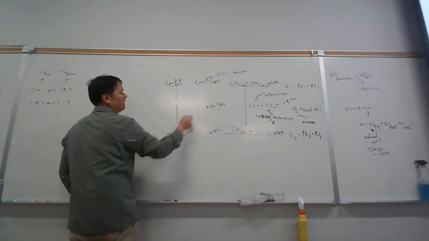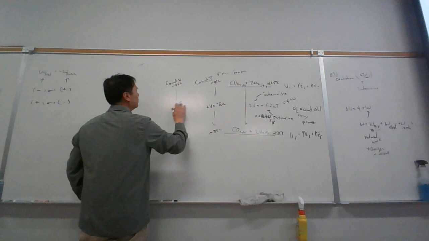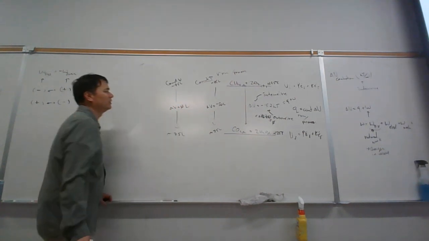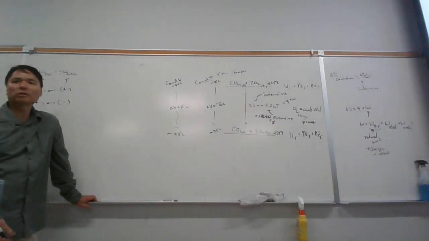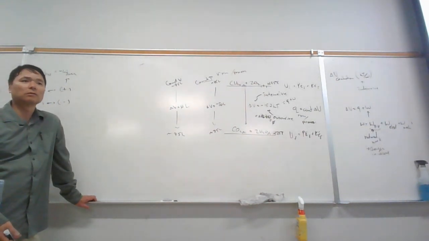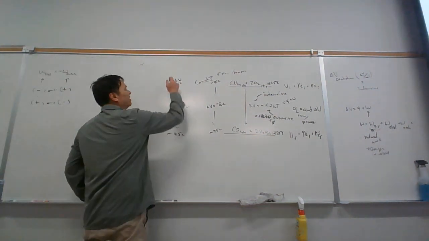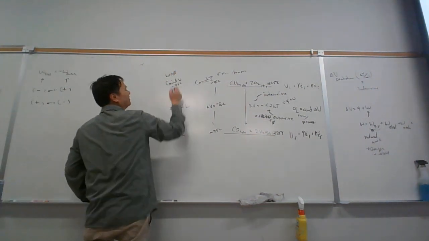So delta V here is 0. If delta V is 0 liters, was any work done? No. And so over here, work is equal to 0.